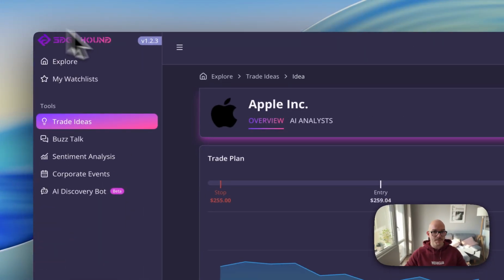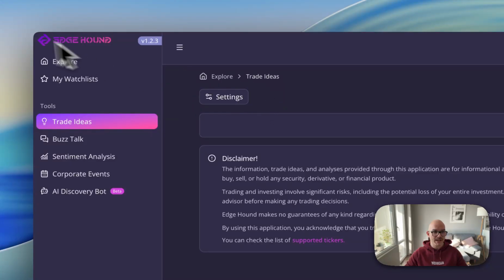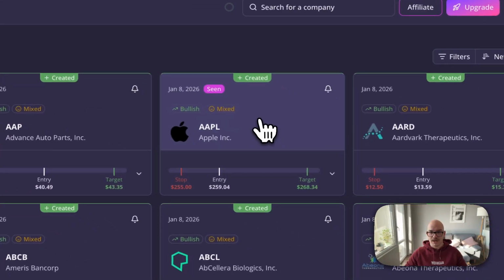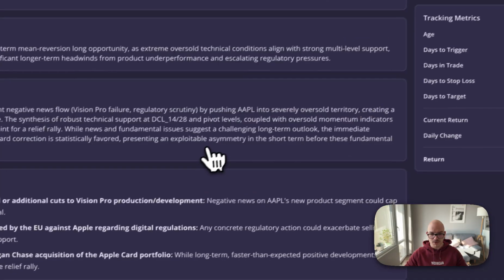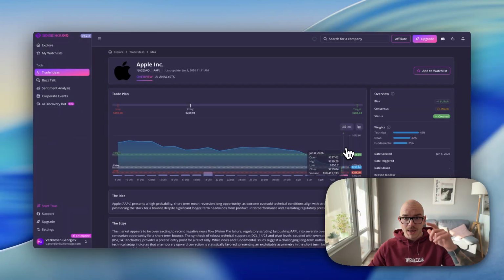But if we navigate back to the trade idea itself, this is the one we went with originally. The other things that are featured here are obviously the overview, so it tells you whether or not it's bullish or bearish. It features a consensus. What that means essentially is the consensus between the different AI agents.